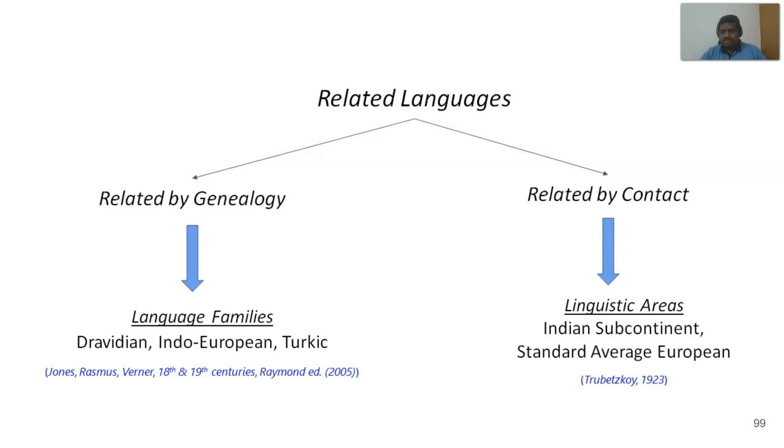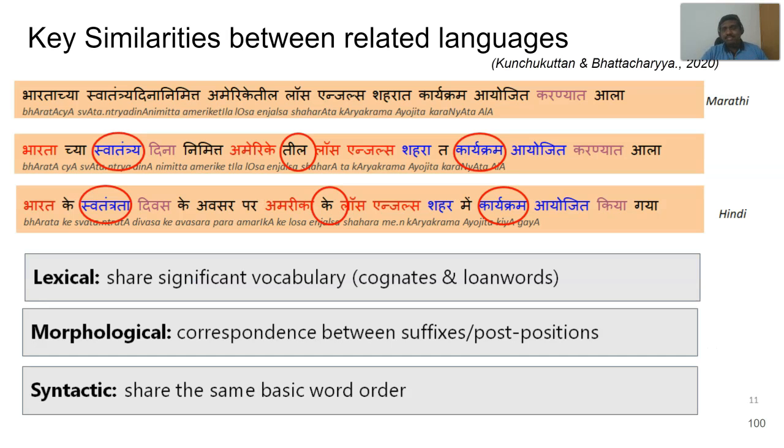linguistic area. A couple of examples of such linguistic areas are the Indian subcontinent, where the Indo-Aryan, Dravidian, and a couple of other language families have interacted over a long time, and Standard Average European across the European mainland. When languages are related, they have some key similarities which are important to machine translation. I've taken an example from Marathi and Hindi, which are Indo-Aryan languages spoken in India, but these similarities hold across many other language pairs.